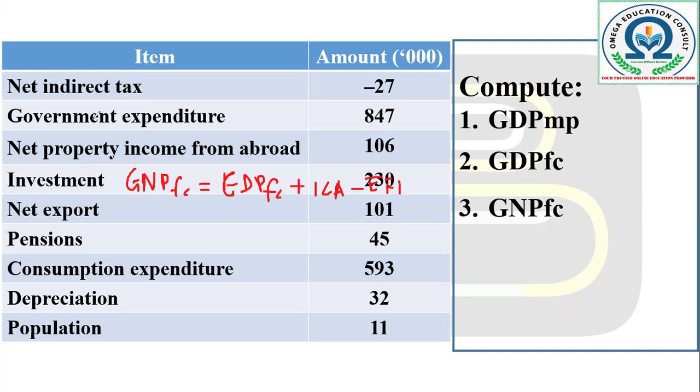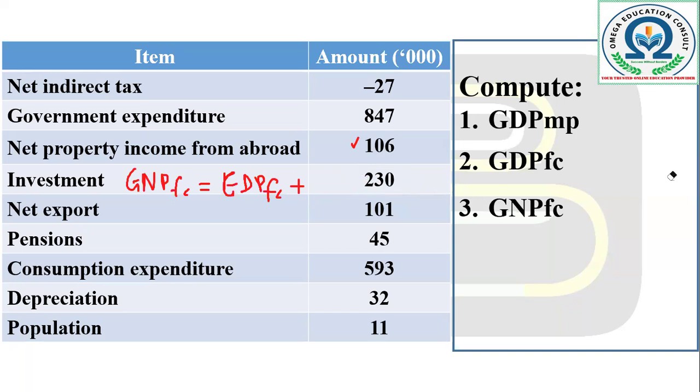Okay, but if you go through the data, you realize that there is no income of citizens abroad given separately, and then also expatriate factor income given separately. So the difference has been found for you already, and it is captured as net property income from abroad. That's how it's been captured. So in this case, it will be out of place to use ICA minus EFI because you don't have the individual items.